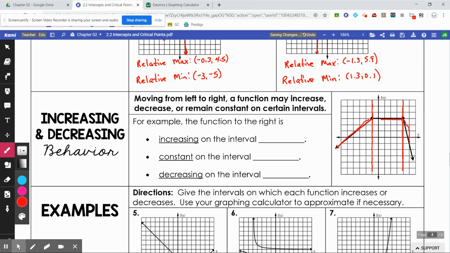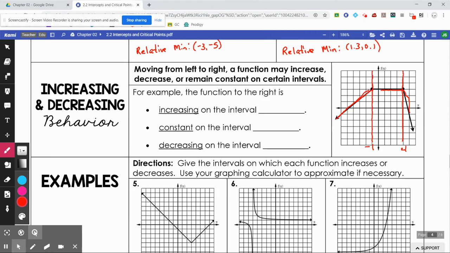So looking at our x values, this x value right here is negative 1. This x value here is 1, 2, 3, 4. So to tell where we're increasing, decreasing, and constant, in interval notation, we're increasing from negative infinity up to negative 1. Now, this is going to be non-inclusive.